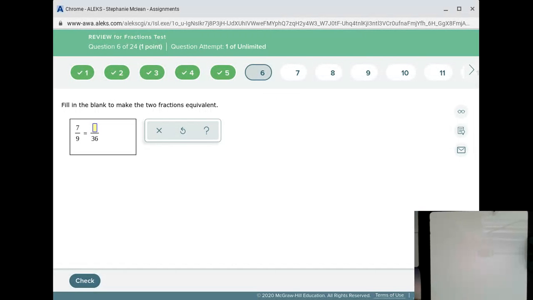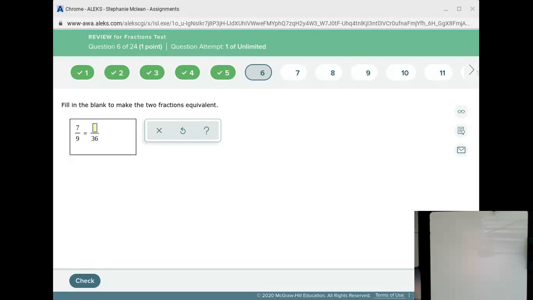Fill in the blank to make the two fractions equivalent. I have 7 over 9 over here and 36. So 36 and 9. What did they multiply 9 by to get 36? Okay, so 9 times 4 is 36.